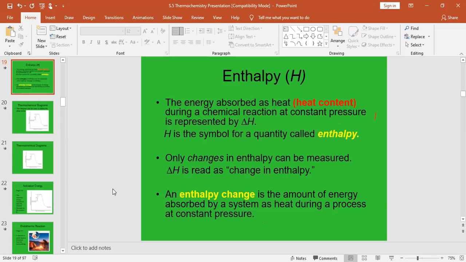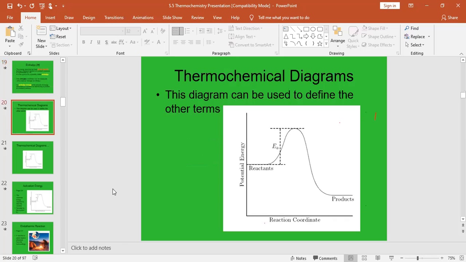So here is what we call a thermochemical diagram. The thermochemical diagram tells us whether the change is exothermic or endothermic. For example, when you look at this thermochemical diagram, which I hope you are all seeing, there is a potential energy axis, and then there is a reaction path that you can see.